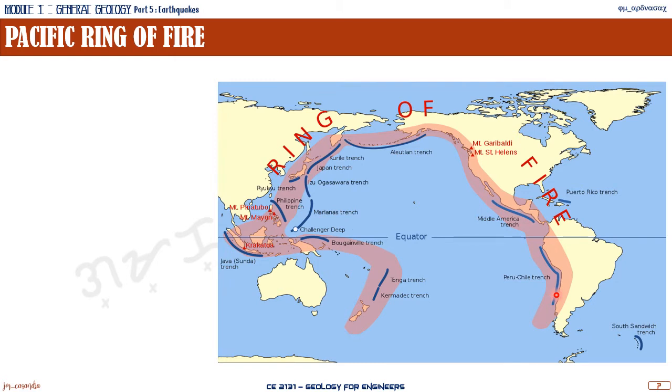Since the Philippines is along this Ring of Fire, that explains why we in the Philippines would always experience earthquakes or volcanic activities, especially in Mount Mayon and Mount Pinatubo. Okay? So to understand the Ring of Fire better, let us watch this simple video.